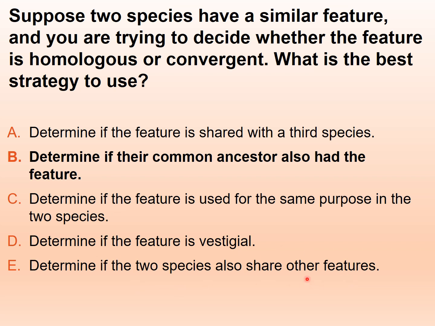The other features have nothing to do with this one particular feature. Here we're trying to determine whether this one feature is homologous or analogous or convergent. And then A, determine if the feature is shared with a third species. That third species doesn't even matter, so that shouldn't have any effect on it. What you want to determine is whether the ancestor has that feature or not.